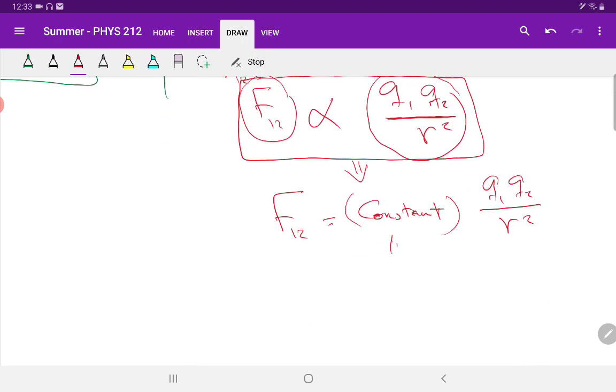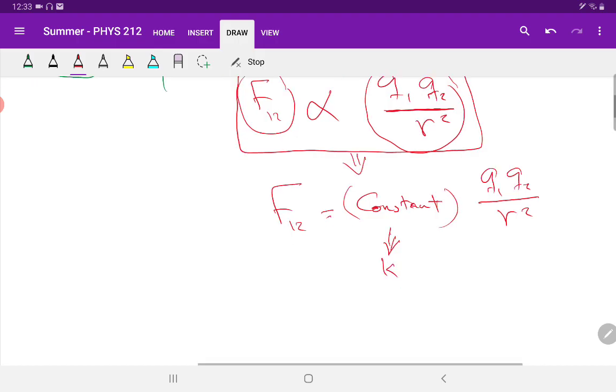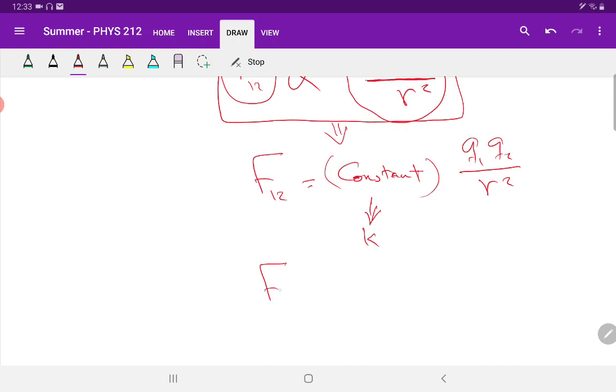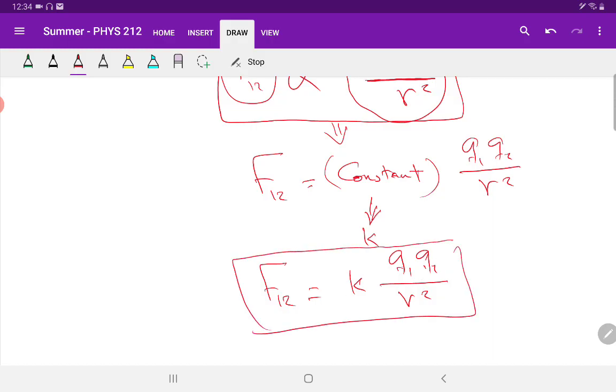I will call this constant K, and we'll see how much K is in a moment. So F12, the magnitude of the force between these two charges, equals K Q1 Q2 divided by r square. Now, what's Q1? It's the magnitude of the first charge. What's Q2? It's the magnitude of the second charge. And r square is the distance between these two point charges, squared.